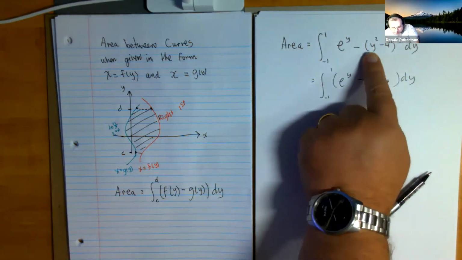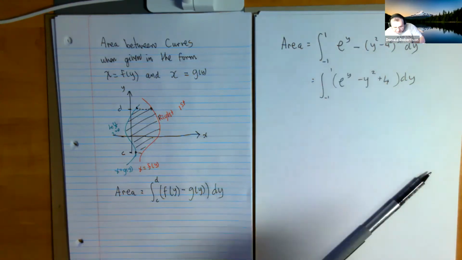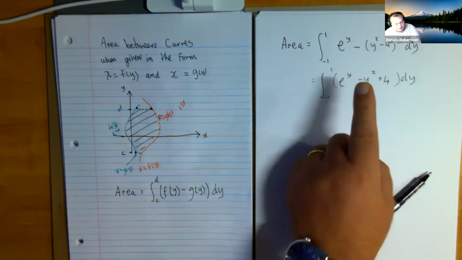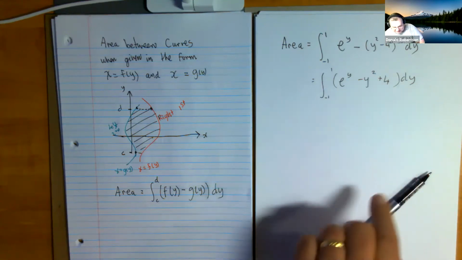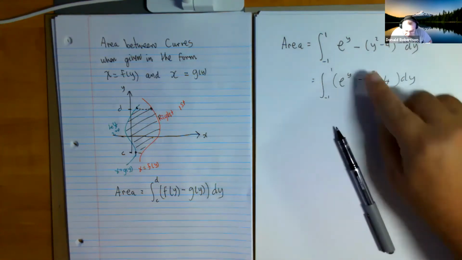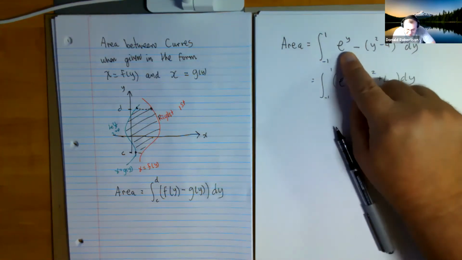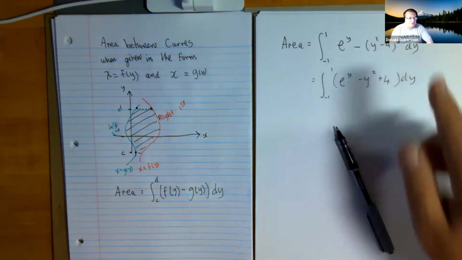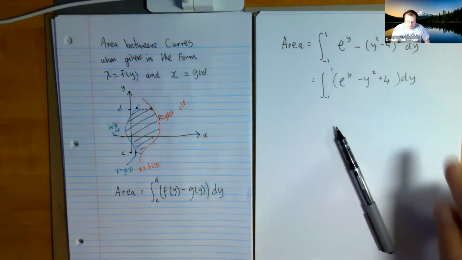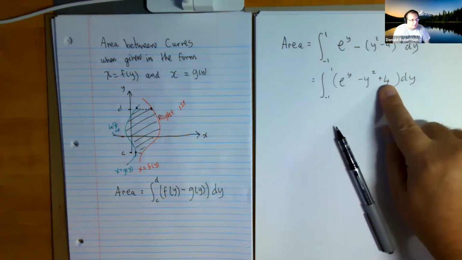If you don't put that little bracket, even if you do it in your mind and only write that, that's fine. But you do need that bracket because you're subtracting both bits. A lot of people who make a mistake in this step go e to the y, take away y squared minus 4. Do you see that they get the -4 when it's take away, and it should be a +4?